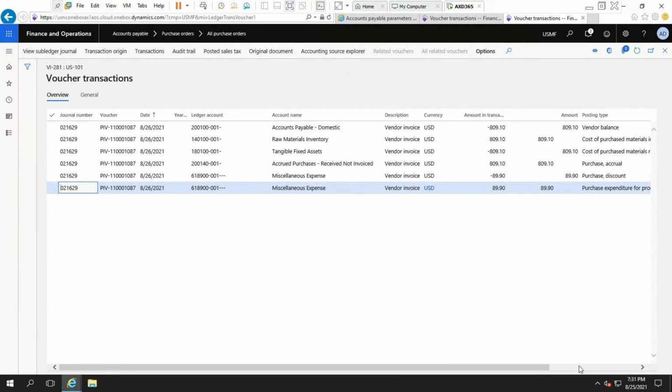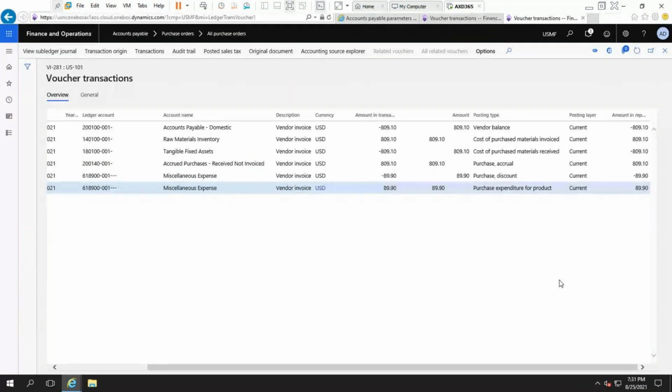It is now 2 ledger accounts for invoiced and 2 ledger accounts for accruals and received, and cost of purchase material for product, expenditure for product is coming. This I will explain later.